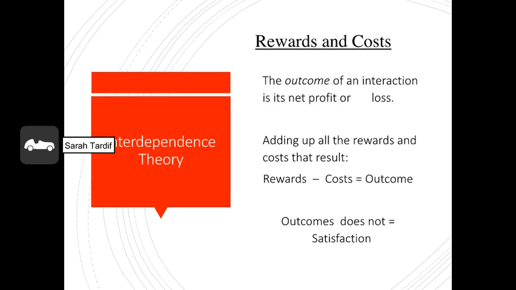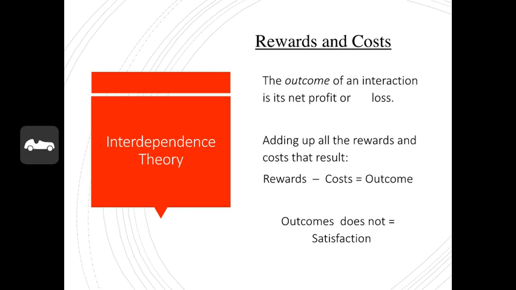Interdependence theory takes this economic view of relationships. So it looks at these first two components of rewards and costs and basically puts it into a calculation. Put all the rewards in one pile, all the costs in another, and ultimately you want the rewards pile to be bigger.